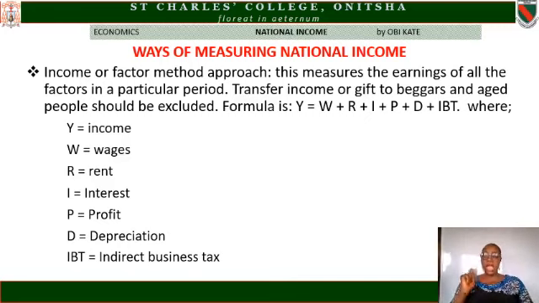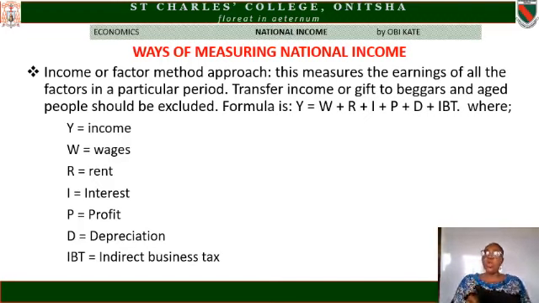Y stands for income. W stands for wages. R stands for rent. I, interest. P, profit. And D, depreciation. Then IBT means what? Indirect business tax.